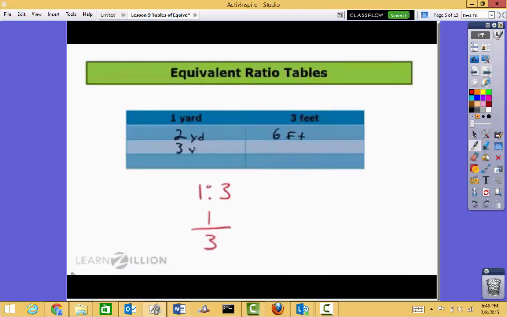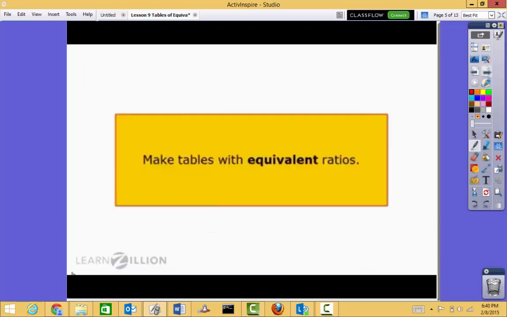If I have 3 yards, I have 9 feet. And if I have 4 yards, I'll have 12 feet. And all of these ratios are equivalent to each other. In this lesson, you learned how to make tables with equivalent ratios by first understanding the ratio and then using that ratio to fill out a table.